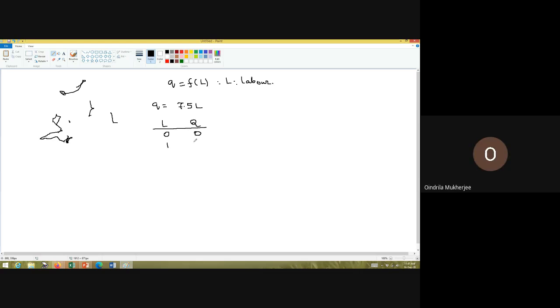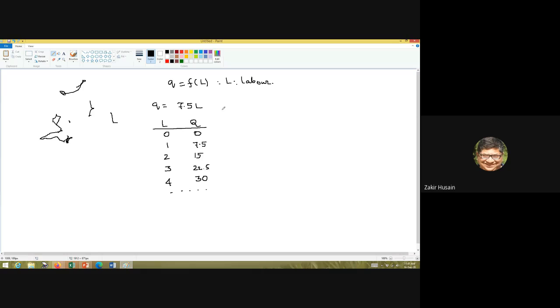Then 7.5. Then 1, 15. Then 22.5. This will be 30, and so on. Right.